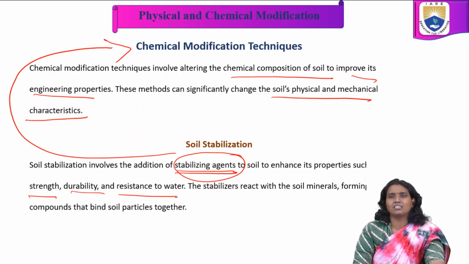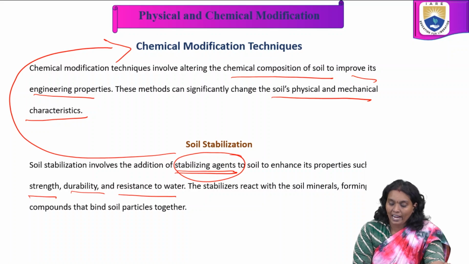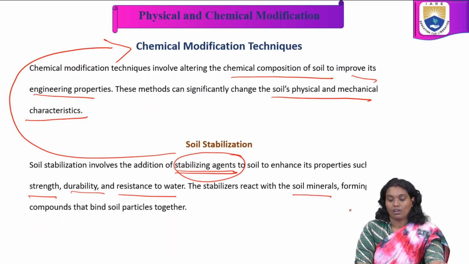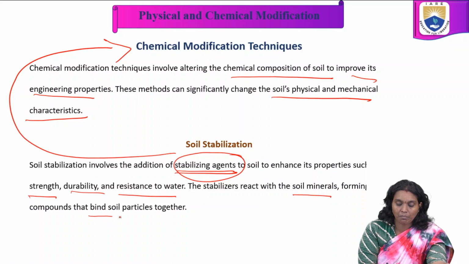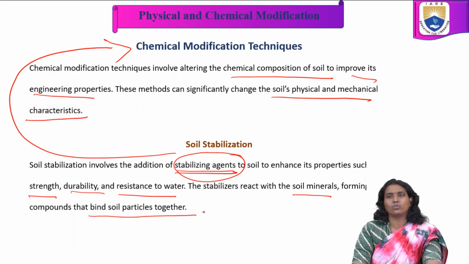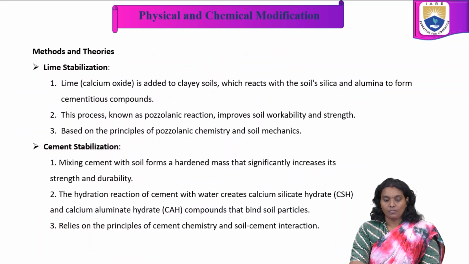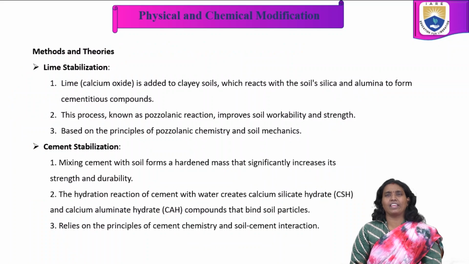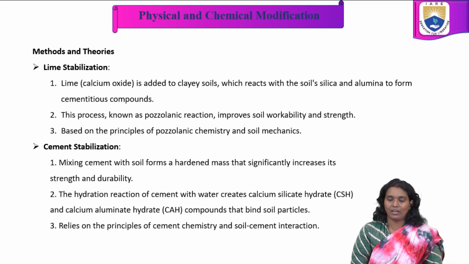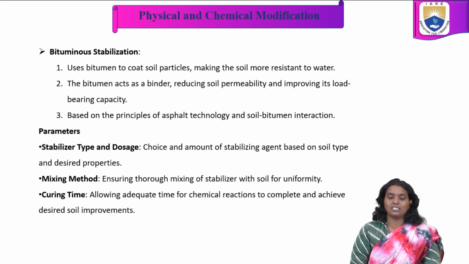The stabilizers react with soil minerals, forming new compounds that bind soil particles together. Various methods and theories are involved in this stabilization: lime stabilization, cement stabilization, and bitumen stabilization.